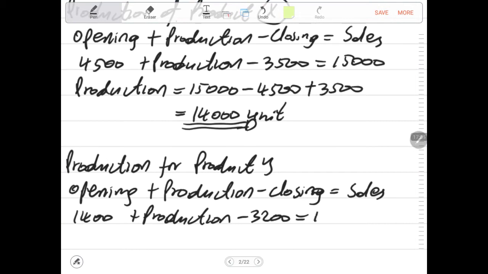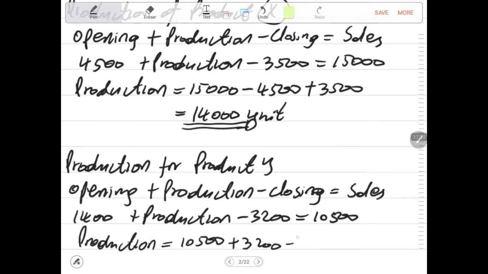10,500. So now we are looking for production, and we make production the subject of the formula, equals 10,500 plus 3,200 minus 1,400.